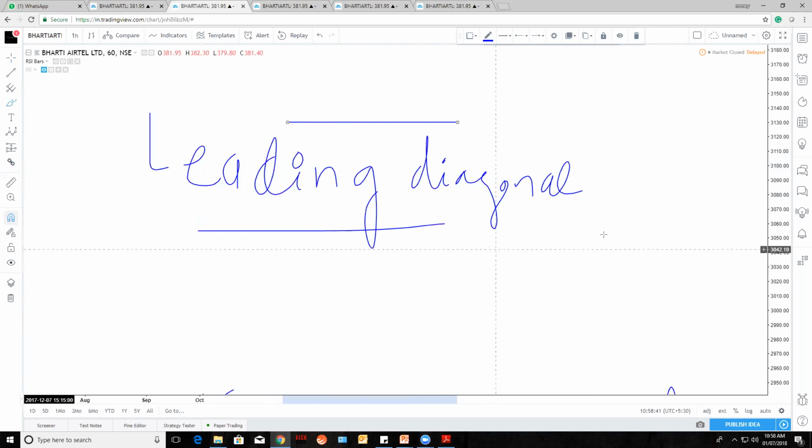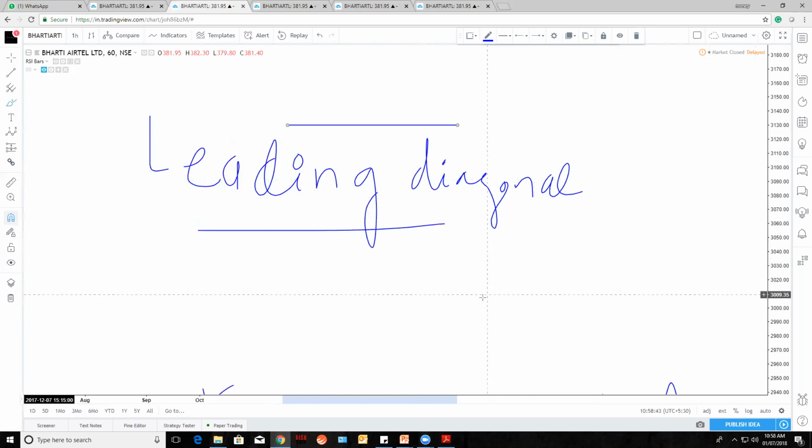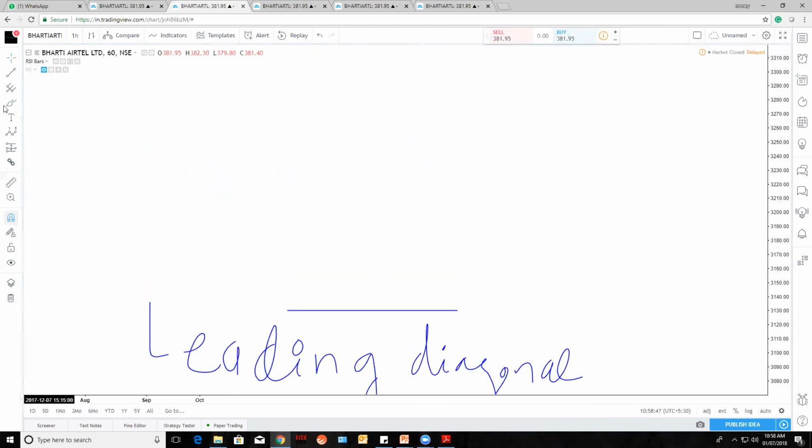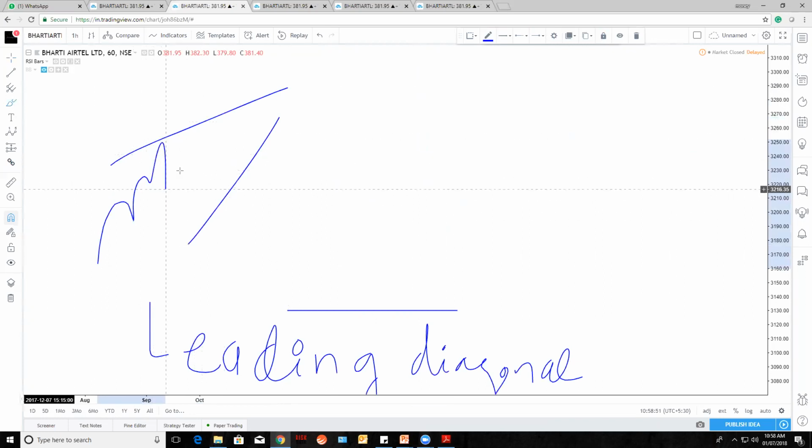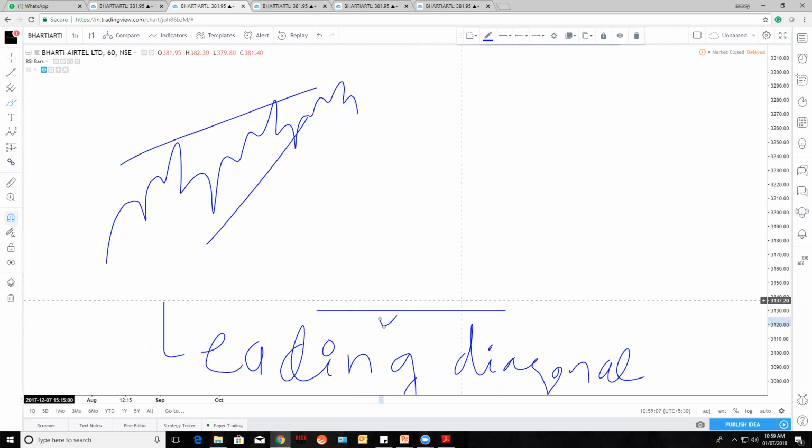So a leading diagonal is simply a diagonal structure, meaning it looks the same as the diagonals: 3 waves, 2 waves, 1, 3 wave, 1, 2 wave. But what is the leading diagonal? The main difference between the leading diagonal and ending diagonal I will tell you, but as of now you just understand that in a diagonal the rule can be okay.